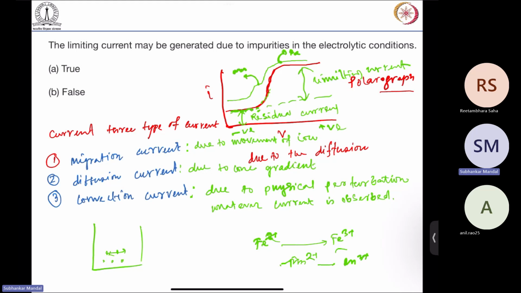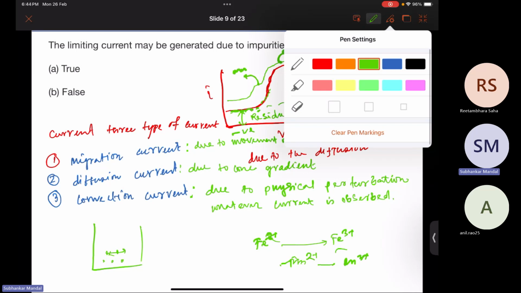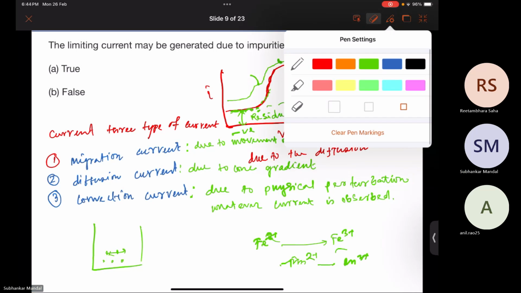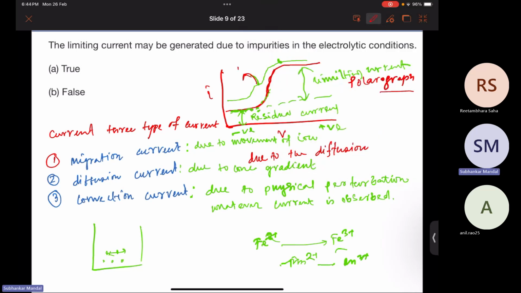I think I can write a little bit. This is manganese, this is iron. So the impurity is also giving current, and this is the limiting current, and here is also a limiting current. In this case manganese is the impurity, so the impurity is also giving current.